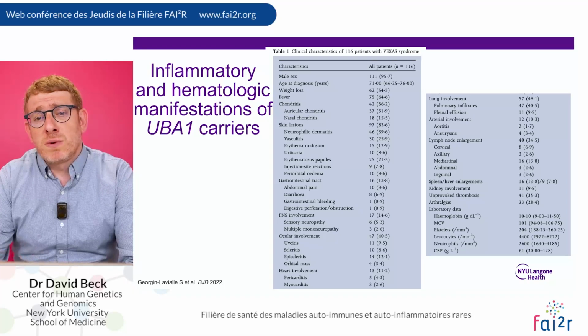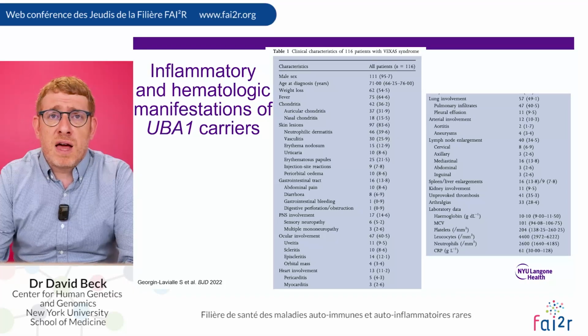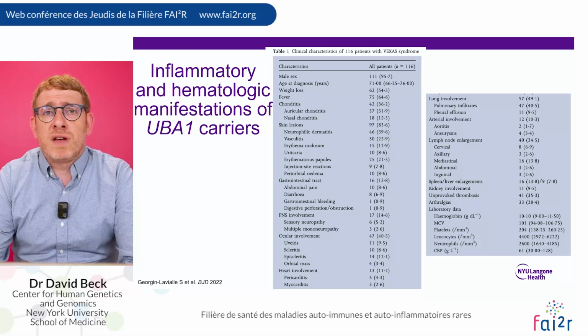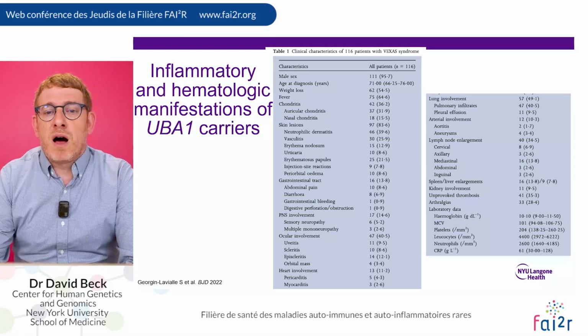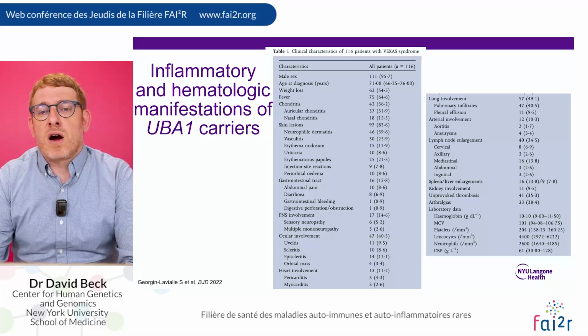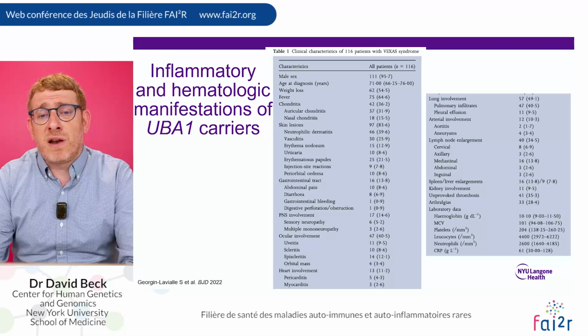And so what I just showed you was work from the NIH cohort and NYU, but here we have data from the largest reported registry from France, in which they looked at very similar features and found a little bit of a different clinical spectrum, although highly overlapping. So again, the patients who have the UBA1 mutation in Vexas are predominantly men, although females are identified. The age of diagnosis, the median age is 71.